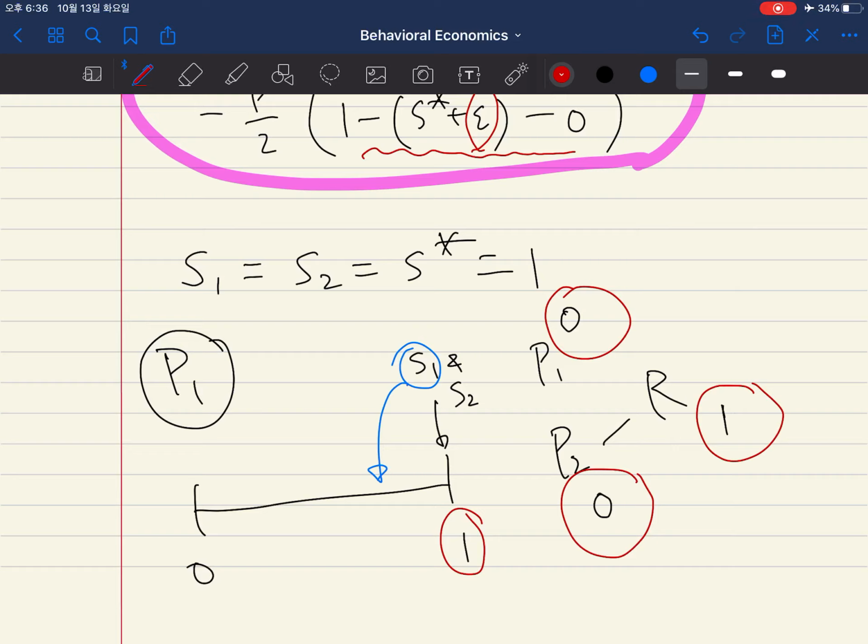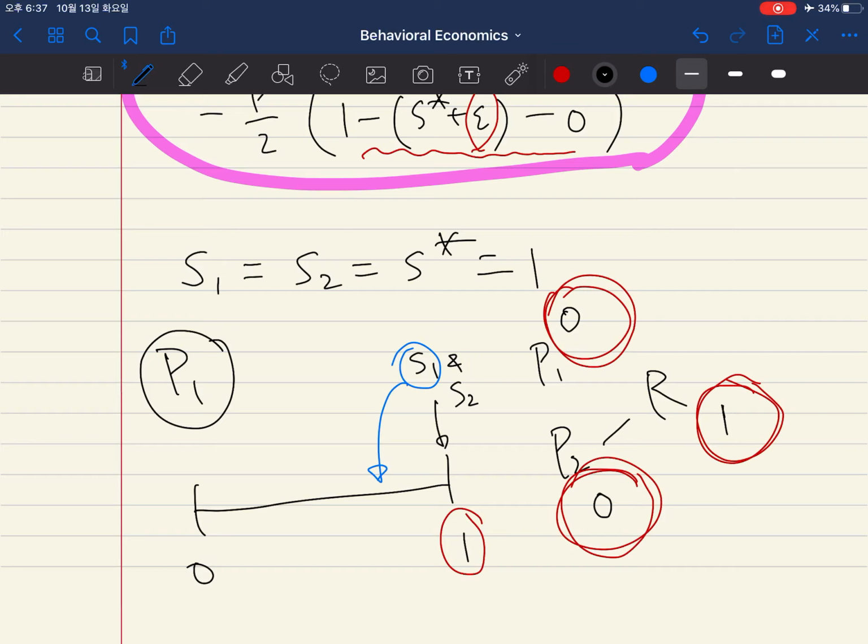Therefore, responder is gonna get the entire surplus, and second proposal is gonna get nothing. And first proposal is gonna get nothing because first proposal's offer is not accepted. So we can see that resource allocation is again the same. So there is no change in resource allocation. Therefore, even when first proposer changes his choice, there is no change in first proposer's payoff.